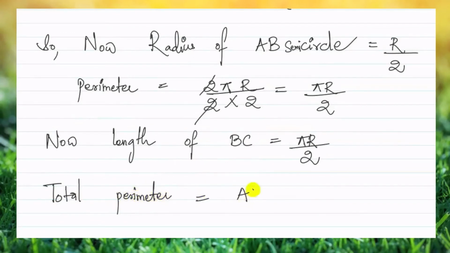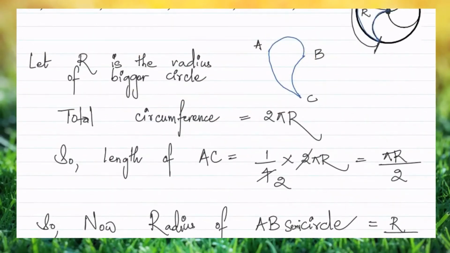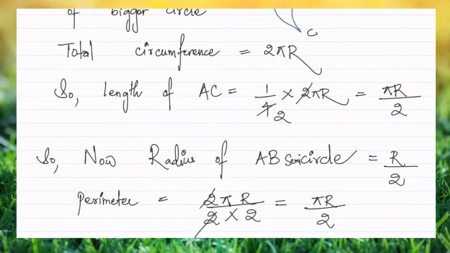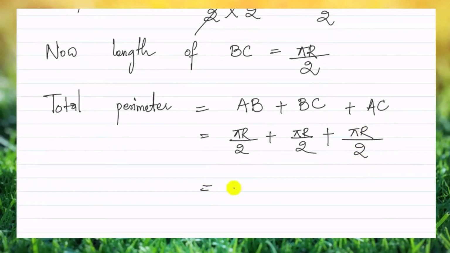AB and BC are both pi R by 2, so it is pi R by 2 plus pi R by 2, and AC is also pi R by 2. So it is 3 times pi R by 2, that is 3 pi R by 2.